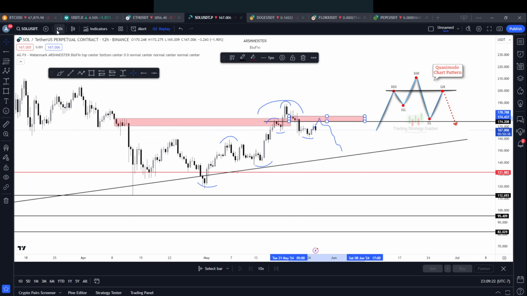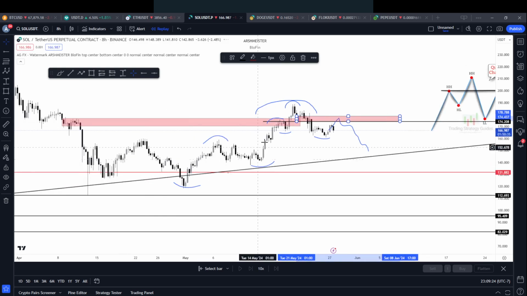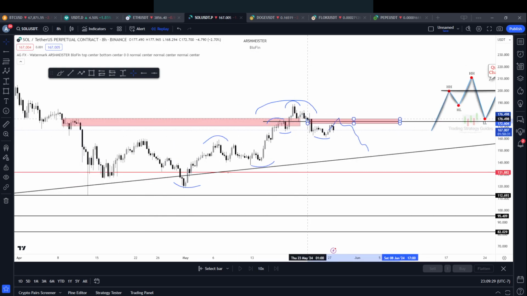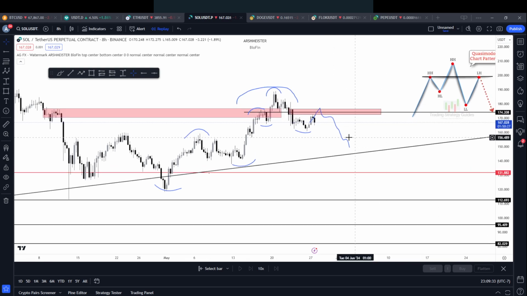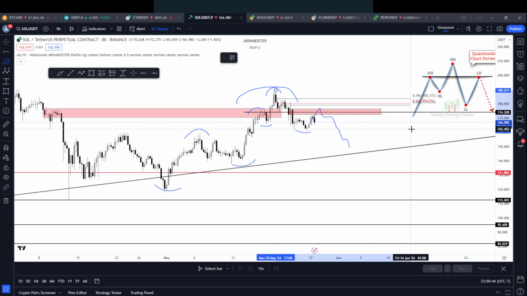Okay, so if that's the case, we do have supply. Okay, and we can actually take this here. There's an order block. Supply, right? Rejection, and then if we were to draw fibs here as well, right?